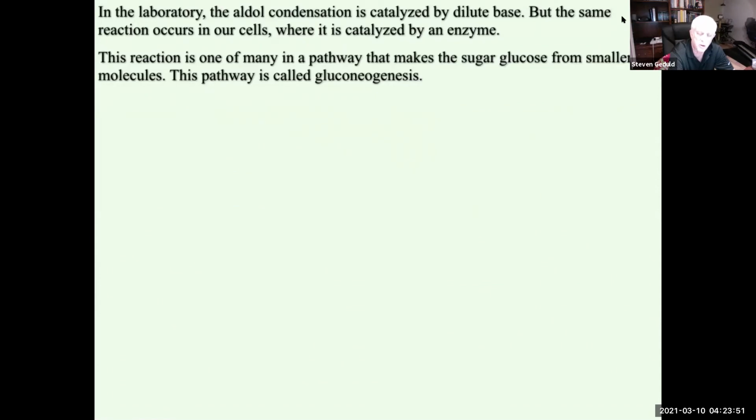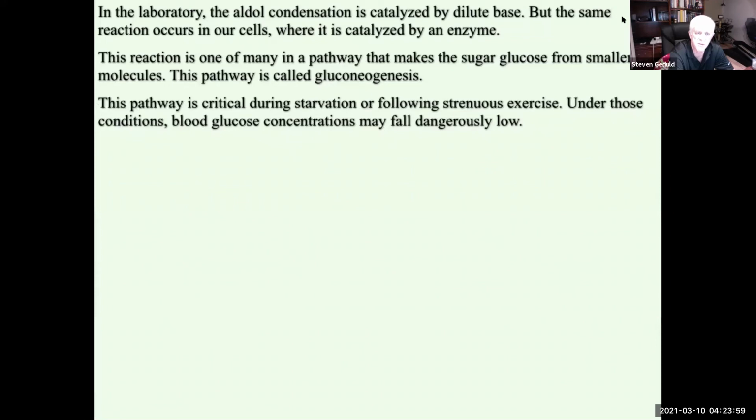It's called gluconeogenesis, the formation of glucose, because the body can make glucose out of pyruvate and other smaller molecules. The pathway is critical during starvation or following very strenuous exercise. Under those conditions, blood glucose concentration can fall dangerously low. So you have to make glucose to fill that in, either if we start starving or if strenuous exercise depletes our glucose storage.